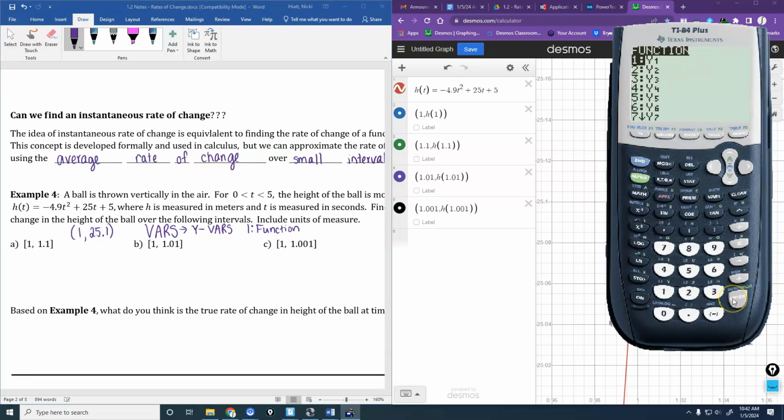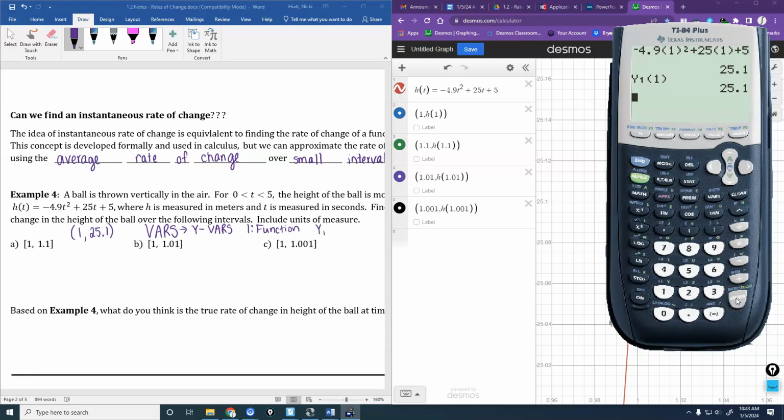Okay? And it's going to give you a list of all your y1, y2, y3, y4. I put mine in y1, so if yours is in y1, you're going to choose y1. Or if it's in a different one, you would choose a different one. So if I do y1 and then do parentheses of 1 like that, it'll plug that number in for me.